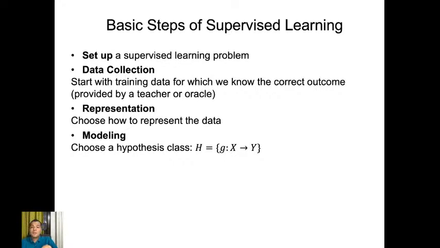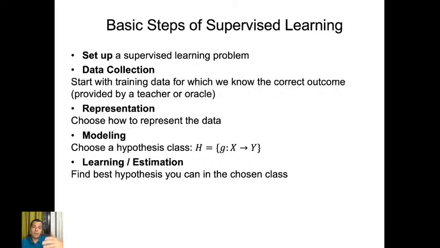The next step would be to choose the machine learning model. This is about choosing a hypothesis class. Each model has a different hypothesis class. For example, today we will discuss naive Bayes. The next step will be to learn, or actually to estimate, some parameters of this model, which particularize it to a specific function.